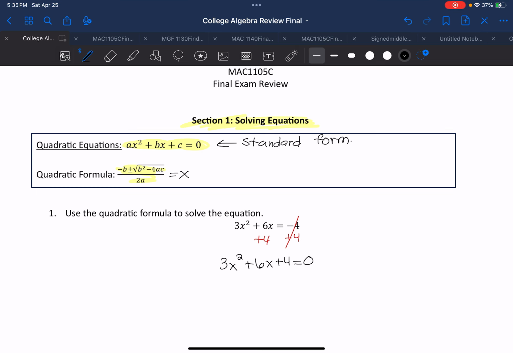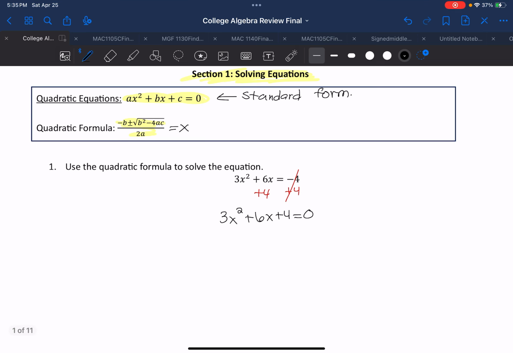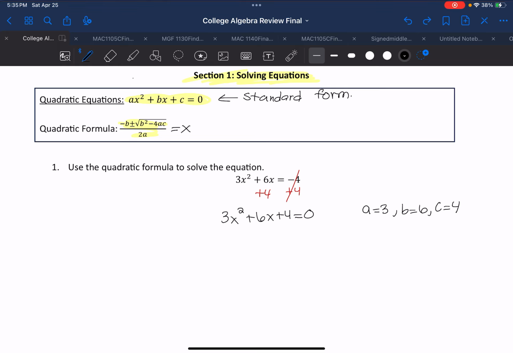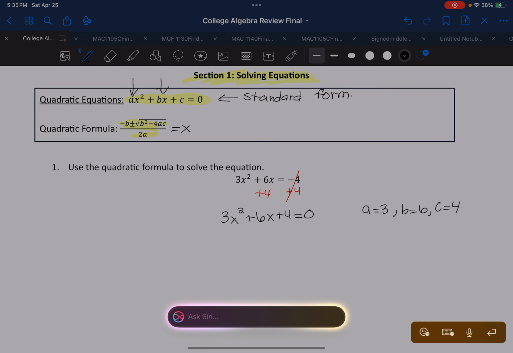And now it's in standard form, so I can now use the quadratic formula and plug in my a, b, and c. My a is equal to 3, my b is equal to 6, and the c is equal to 4. I got that from the coefficients here, because of this form, a, b, and c.